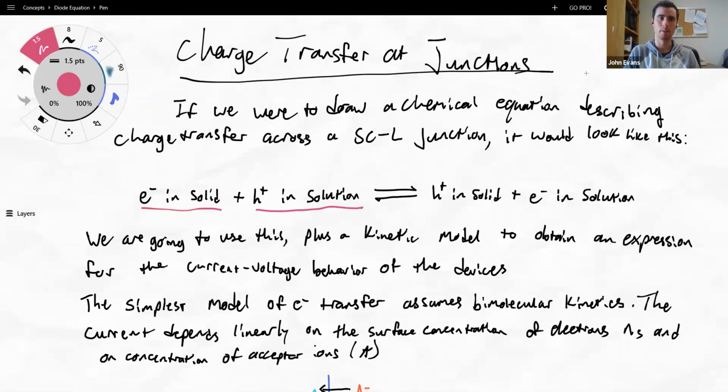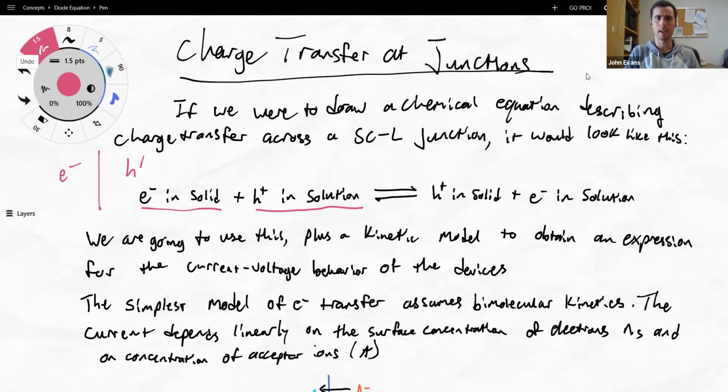All right, so you can imagine our interface. So we have an electron over here and a hole over on this side, right? And we are going to be able to transfer things back and forth, right? So we can transfer it so that there is, say, a hole in the solid and an electron in the solution. So this is the equilibrium.